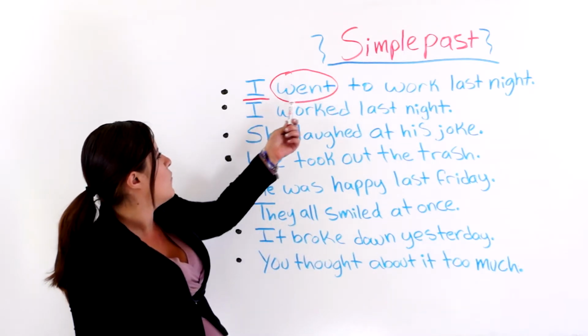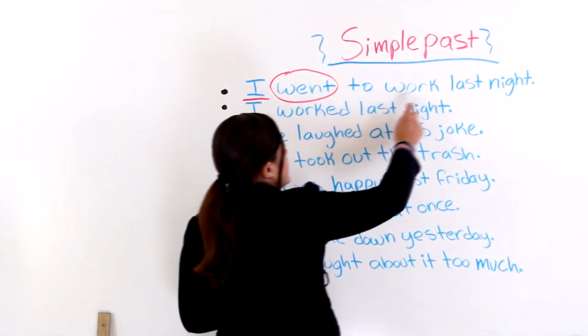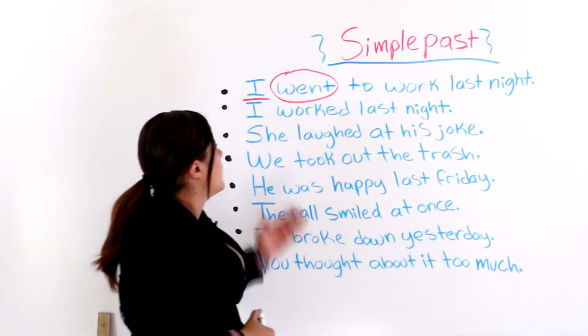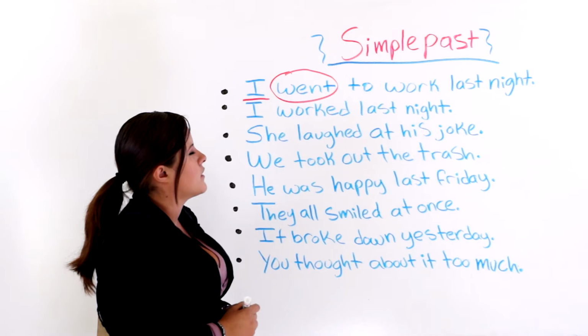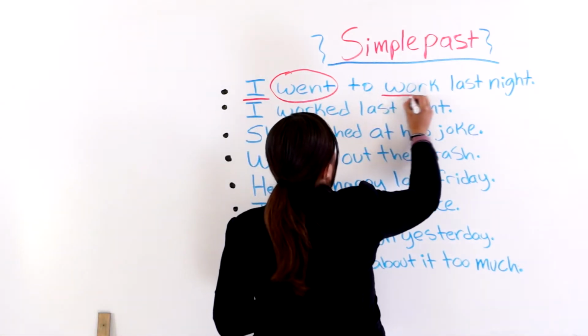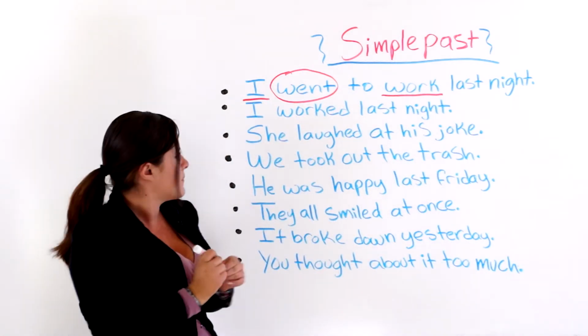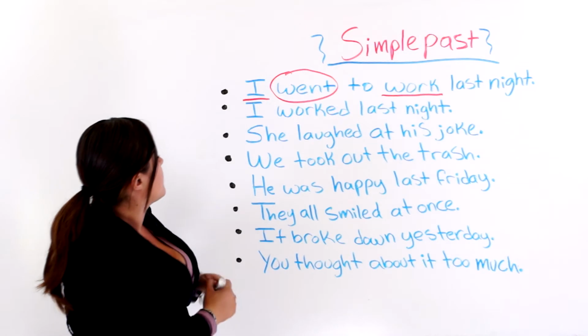I, subject, went, simple past of the verb, and the complement of the sentence. I went where? To work last night. This is another verb, work. But this isn't the one we want in past, right? Not there. Okay. The next one says, I worked.